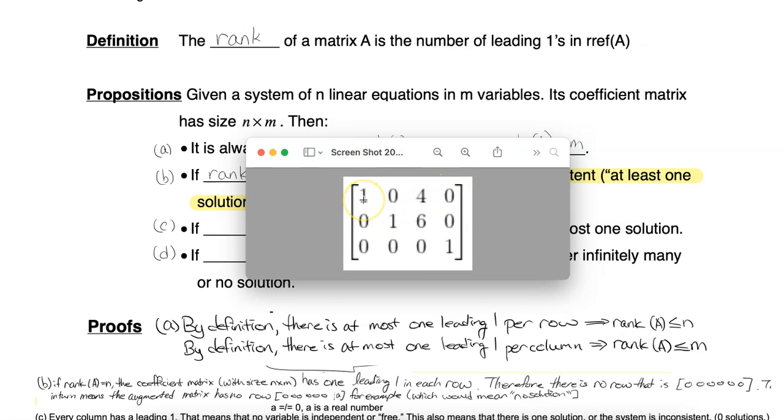It might have been something completely different, like 2x plus 7y plus 4z plus 9w equals 8, but after we work with the equations and reach RREF, it looks now like 1x plus 0y plus 4z plus 0w equals whatever the constant on the other side is.